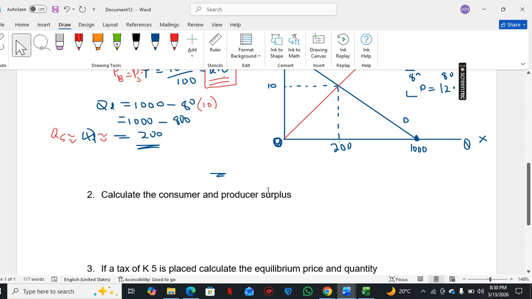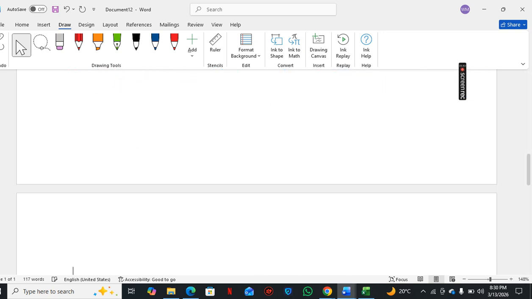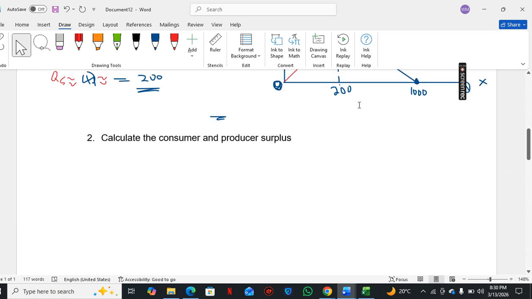This is where now we need to pay close attention, colleagues. Let's pay close attention in these tabulations. So we need to calculate the consumer surplus and the producer surplus. I always like to use the graph for this.